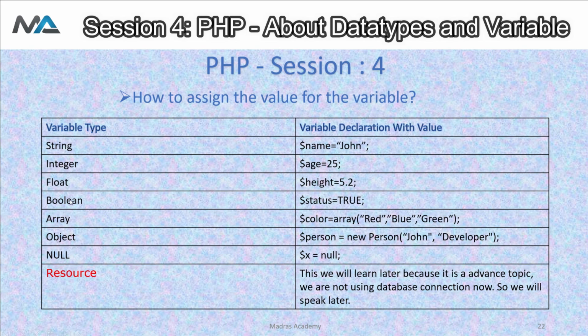Right now I'm going to take only string, integer, float, and boolean. But these are all the data types, I'm just explaining here. Just understand. When we move on to that topic, we will use these variables and data types practically, and we will see the output for that.